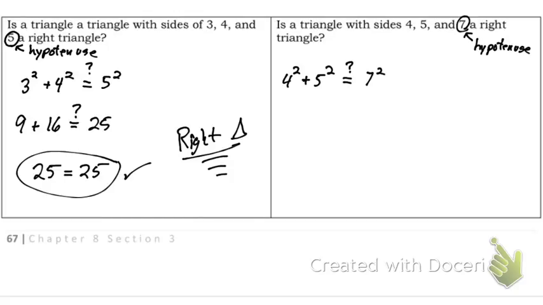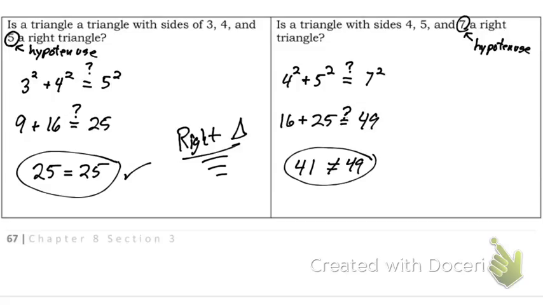Once again, I'm not sure if that's true. We'll do the math. 4 squared is 16. Plus 25, question mark, does that equal 49? And it turns out it does not, because this is 41. 41 does not equal 49, so it's not a right triangle.